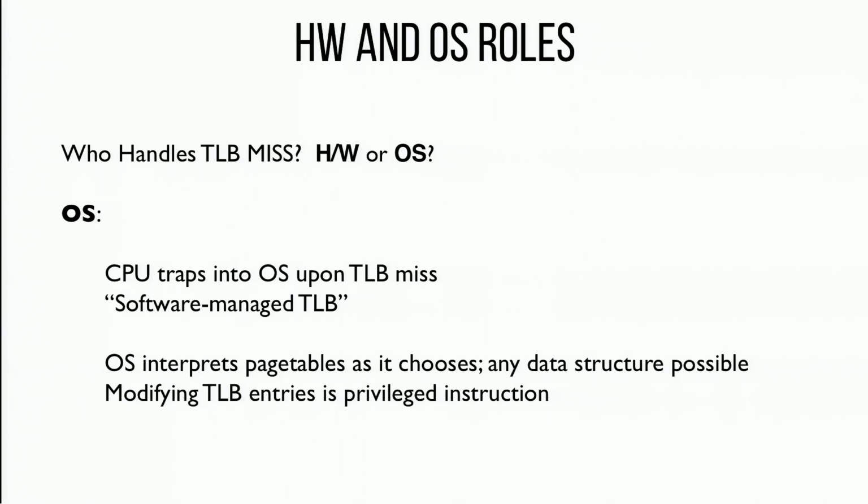You can really have any data structure you want. But of course, it still has to be the case that the OS runs, it figures out what the translation is between a virtual page number and the physical page number with whatever data structures it wants, and then it loads that into the TLB. And so it has to be the OS that has the permissions to do that loading, that other processes couldn't just do that.